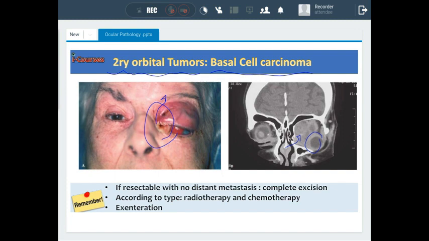So a patient presenting with a neglected basal cell carcinoma can present with marked down and out dystopia, as you can see here, with the tumor now filling the orbital cavity. The management of this condition is variable. There is no one-size-fits-all solution here. If the tumor is small, localized, and accessible, with no distant metastasis, then we can go for complete excision.